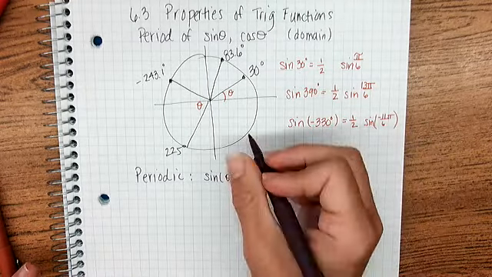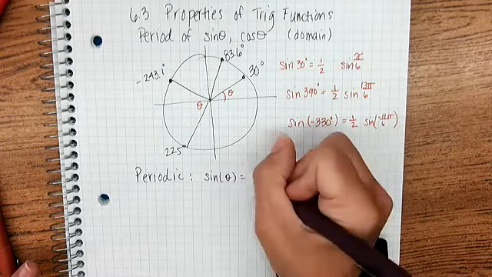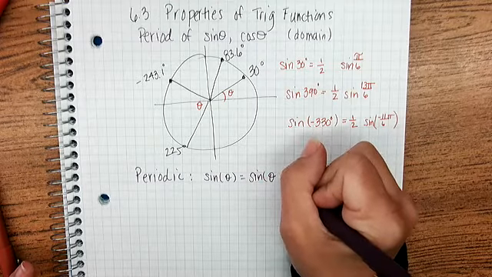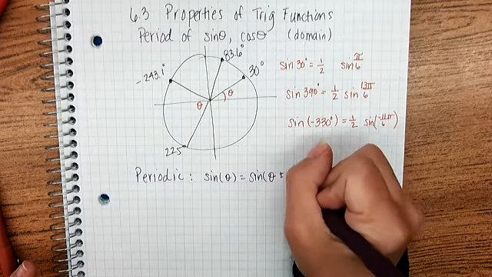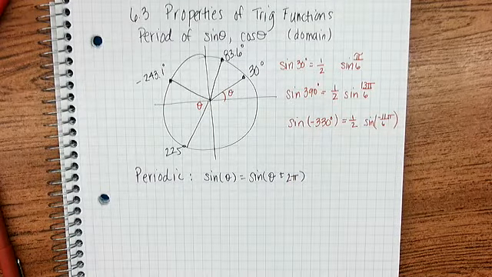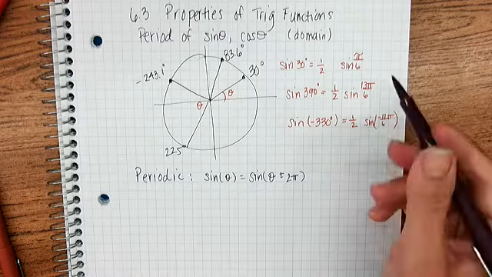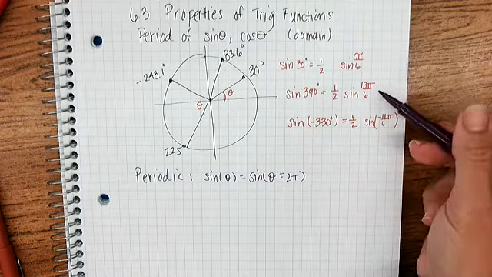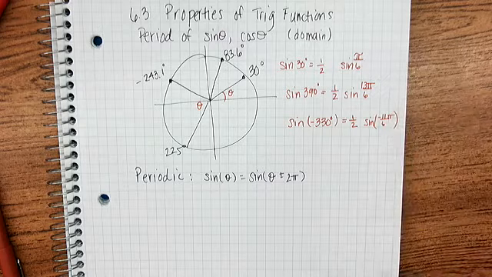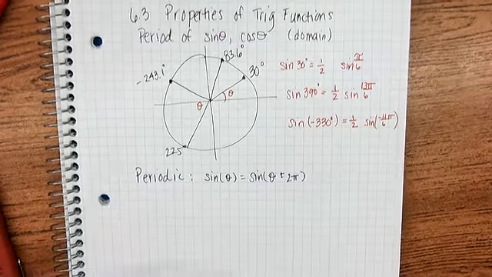Subtract 360, that's the same. The sine of theta is the same as the sine of theta plus or minus 2 pi. Pi over 6 plus 2 pi, 13 pi over 6. Pi over 6 minus 2 pi, negative 11 pi over 6. So these are periodic. This is going to lead to the domain.